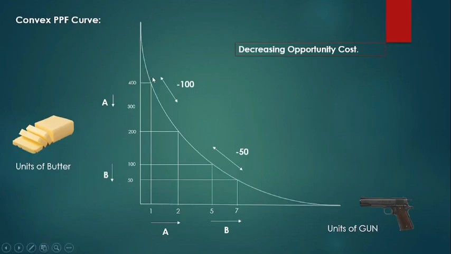So we can notice that the sacrifice was at first 100 units of butter, then it decreases to 50 units of butter at point B. So we can say that the cost of sacrificing is decreasing whenever the producer wants to produce more units of gun. That is why the convex curve shows the decreasing opportunity cost.